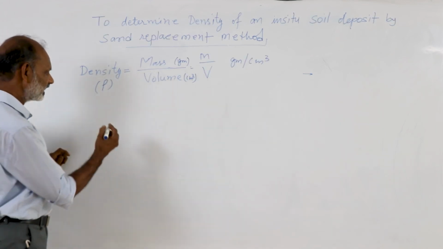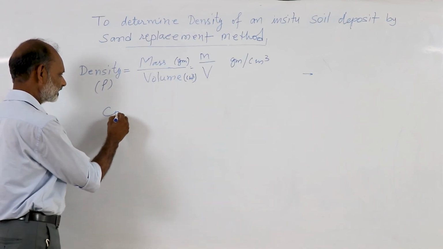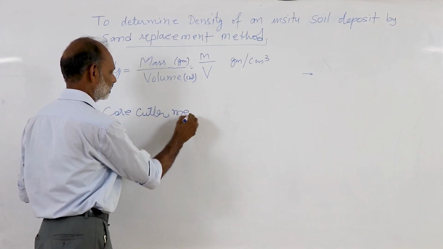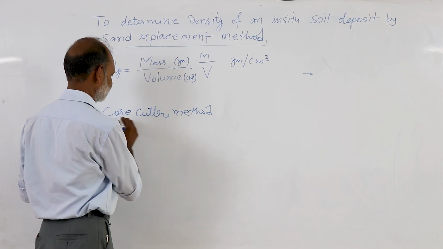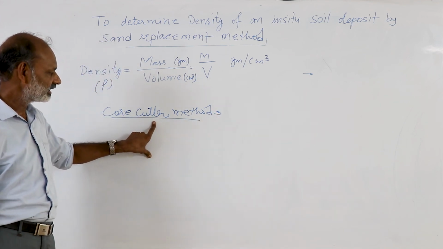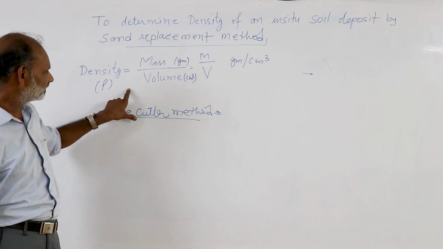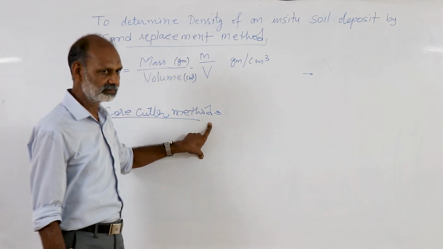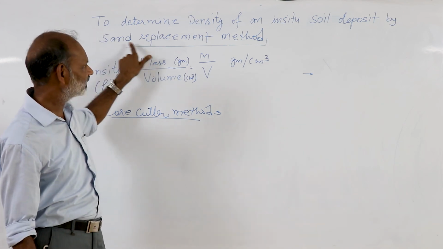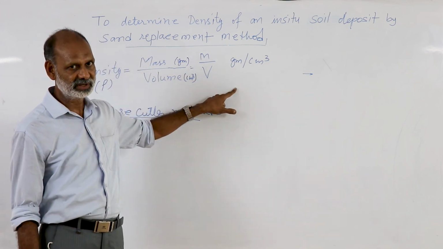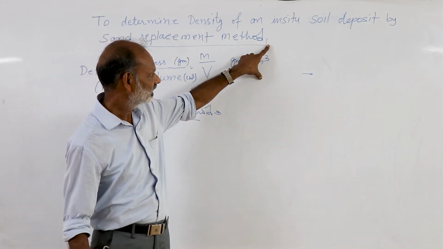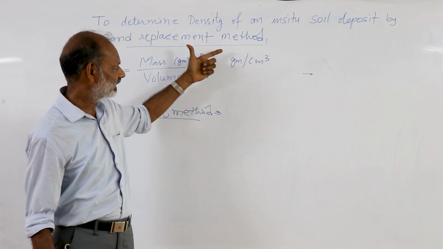Other methods are also used, like the core cutter method. The core cutter method is used for calculating the density of an undisturbed sample, but here we determine the density of a disturbed sample, because we collect the sample by digging a hole in the field so that the sample gets disturbed.